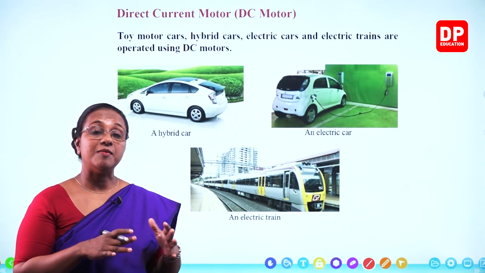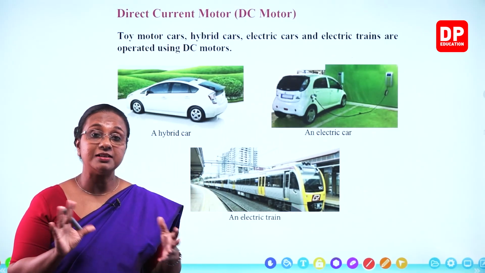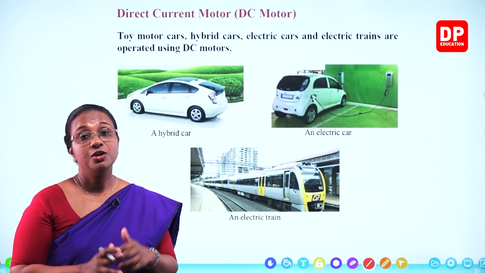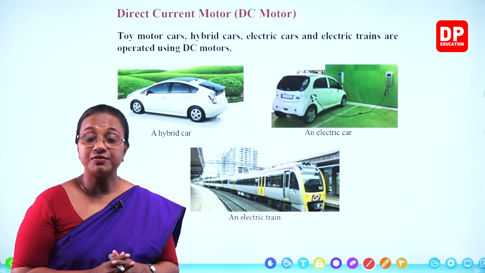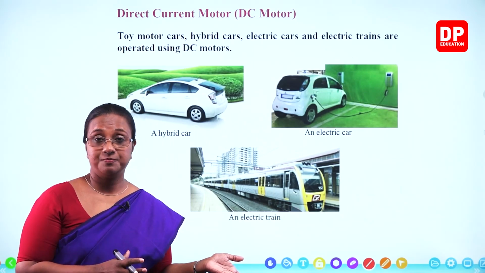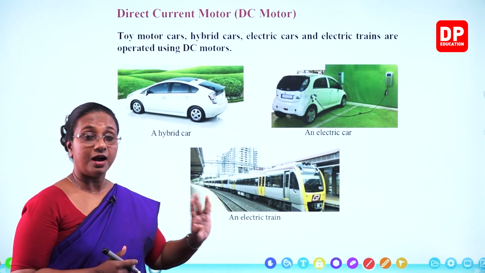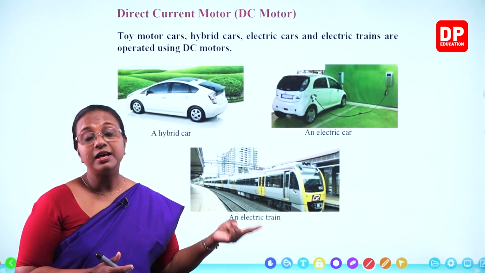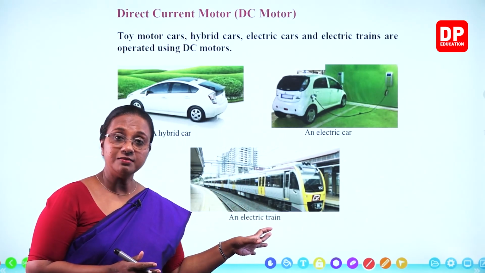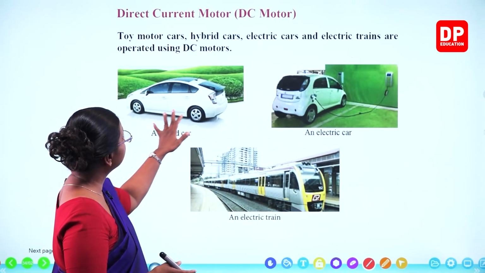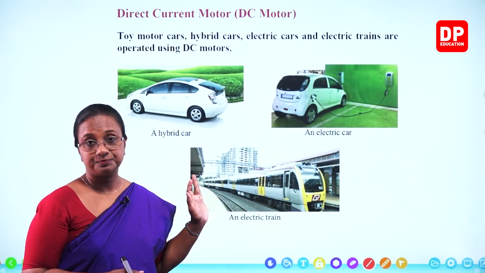So, both of them function together simultaneously in a combination so that the efficiency of the fuel consumption is higher. That is why it is a hybrid car. It uses two sources of energy. One thing, the fuel, either petrol or diesel, and the direct current motor.